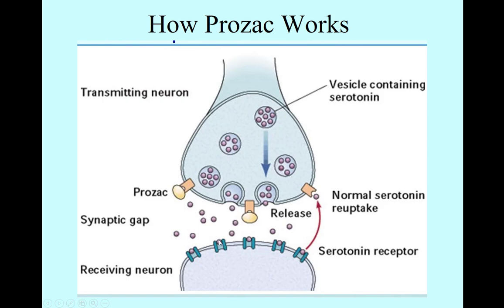When it's done, it unbinds and comes back in and is taken back up. Sometimes it's broken down by an enzyme like I talked about earlier. Sometimes it's just taken right back up whole. And that's what happens to serotonin. And this is called a transporter, a reuptake transporter. It's being reuptaken into the cell, right?